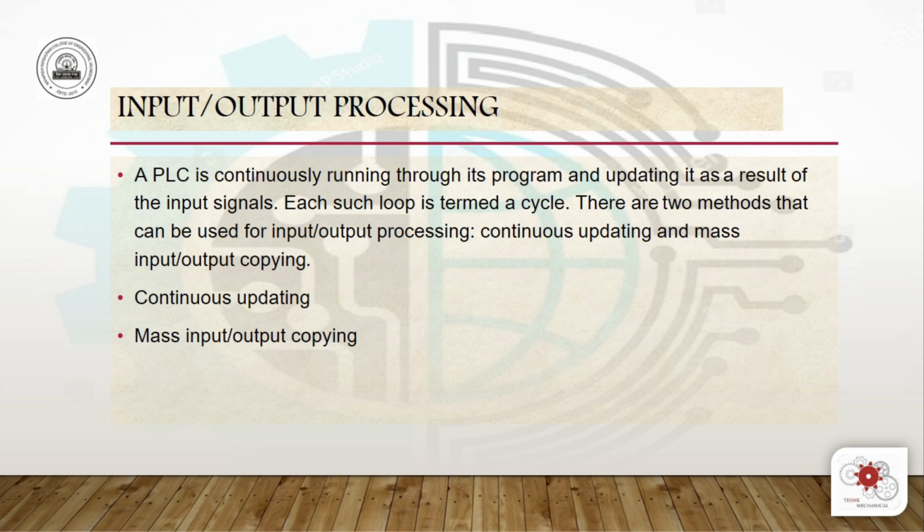If you want to repeat the operation after certain verification, where modification of the data is not required and you just have to replicate the output, then you can go for mass input and output copying. So this is simple input and output processing.